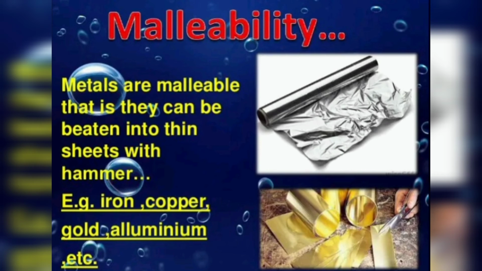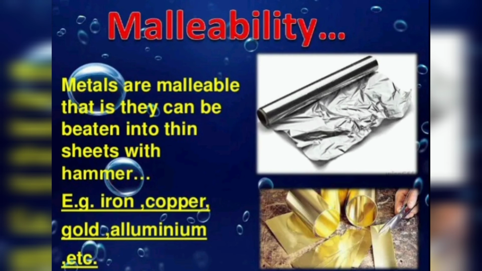As examples of malleability, can you see this picture? These are all examples of metals showing the malleable property: aluminium foil, gold foil, silver foil. Aluminium foil is commonly available in our kitchen, because we use it in food containers and for wrapping food items. Similarly, other examples are silver foil and gold foil.